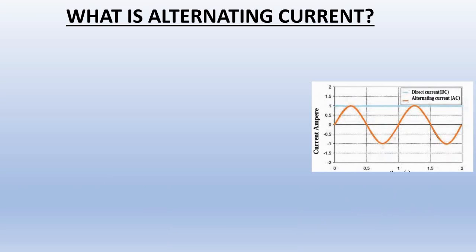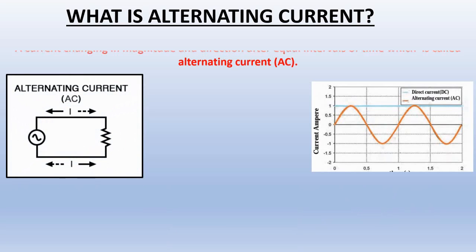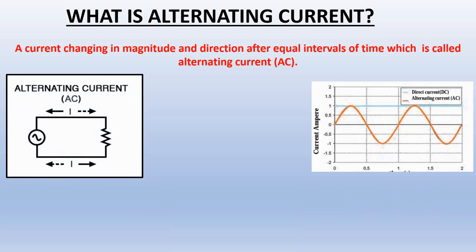What is alternating current? Alternating current is a current changing in magnitude and direction after equal intervals of time. So this is the current which changes in magnitude as well as direction after equal intervals of time.